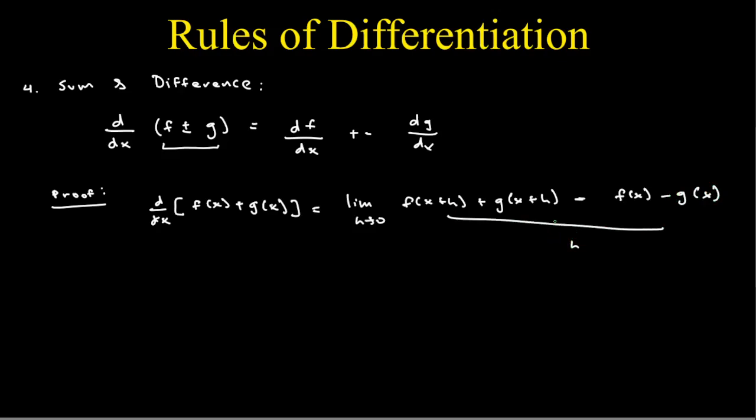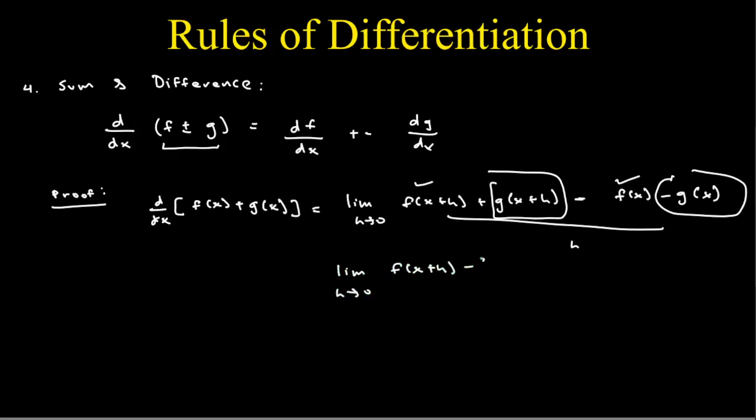From our fraction rules, we can take these two terms together under the common denominator of h, and take the other two terms together under the common denominator of h. So we'll get f of x plus h minus f of x divided by h, plus g of x plus h minus g of x divided by h.